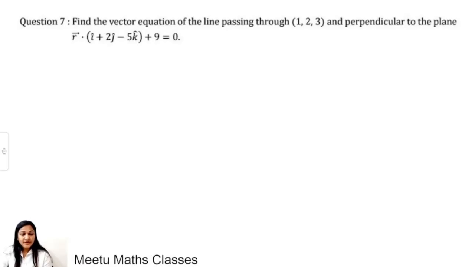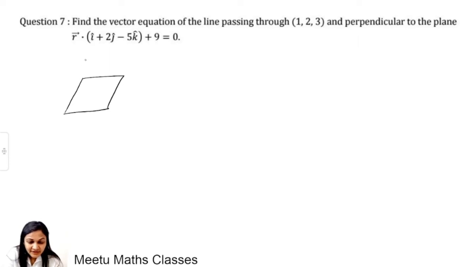Your next question is question number 7. Find the vector equation of a line that passes through 1, 2, 3 and is perpendicular to this plane. So first of all, you are given a plane, and your required line is perpendicular to that.